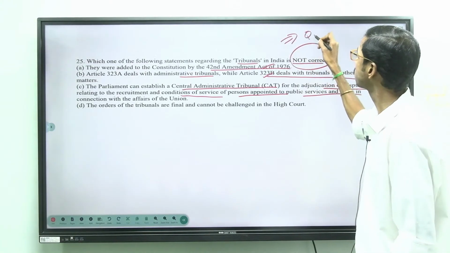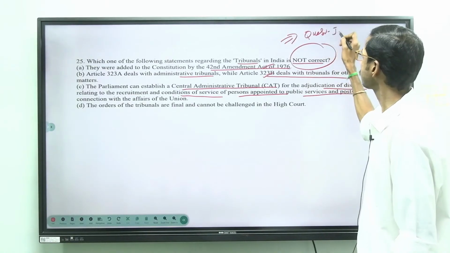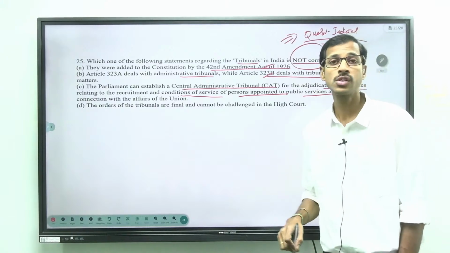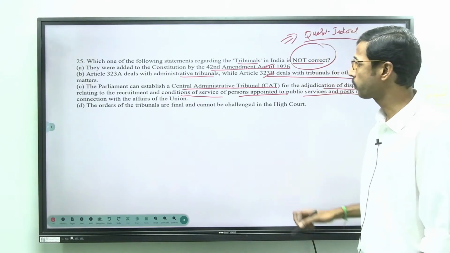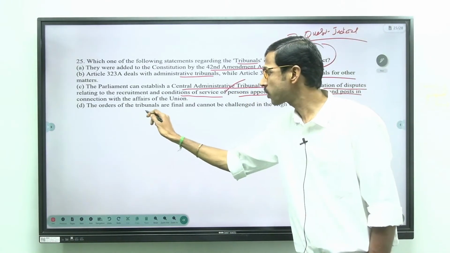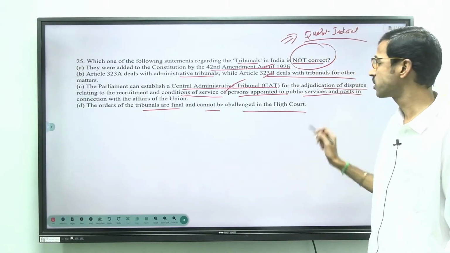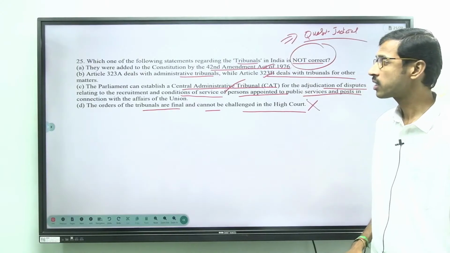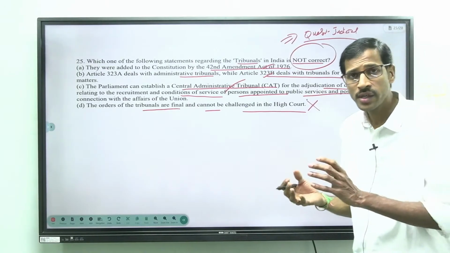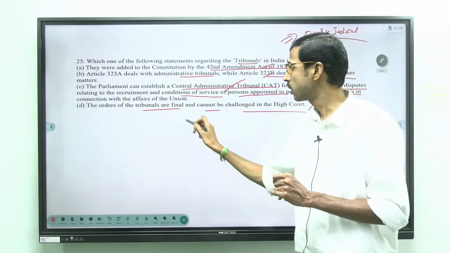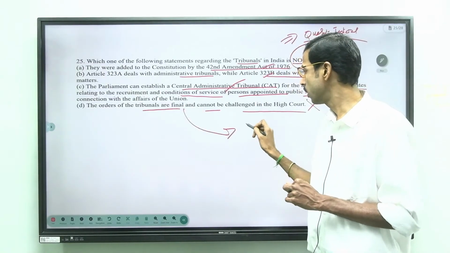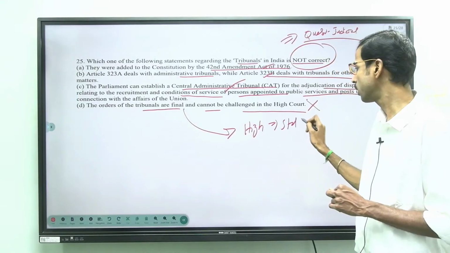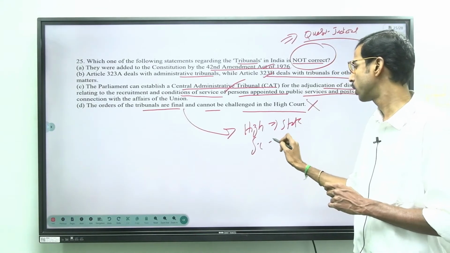As quasi-judicial bodies we have established these tribunals, right? That is the main important issue. The statement that the orders of the tribunals are final and cannot be challenged in the High Court is not correct. Why? Any decision or orders of the tribunals are completely reviewed by the High Courts in the state and the Supreme Court in the center.